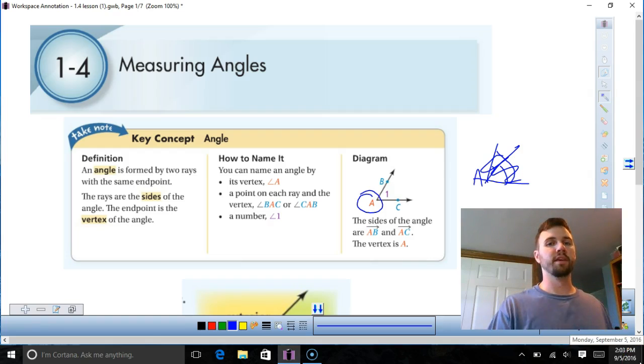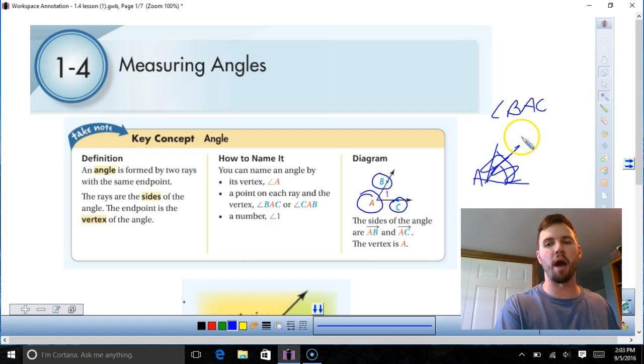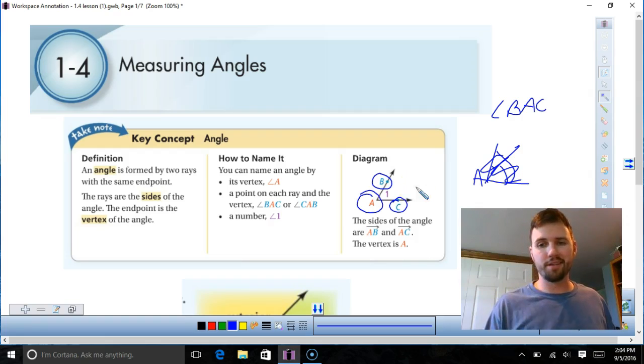That's fine. But the most common way, and the way you have to get used to doing, is by making the letter sandwich. So this one's angle BAC. It's BAC or CAB, it doesn't matter because CAB is the same thing as BAC. That's all there is to it.